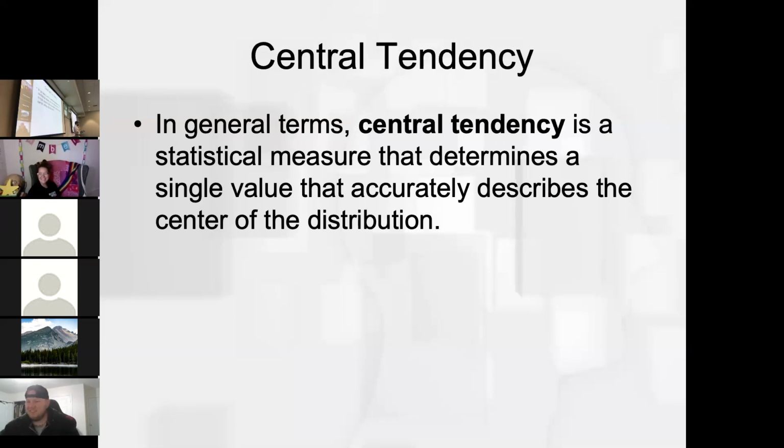All right, so in general terms, we're talking about central tendency. It's just a statistical measure that determines a single value that we want to accurately describe the data, that center of the distribution.